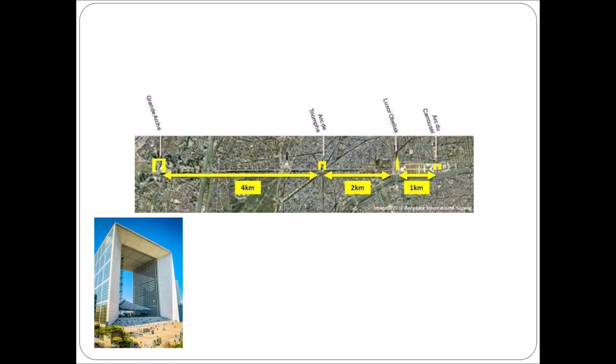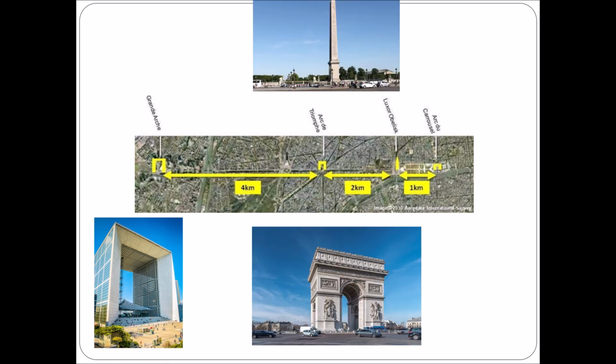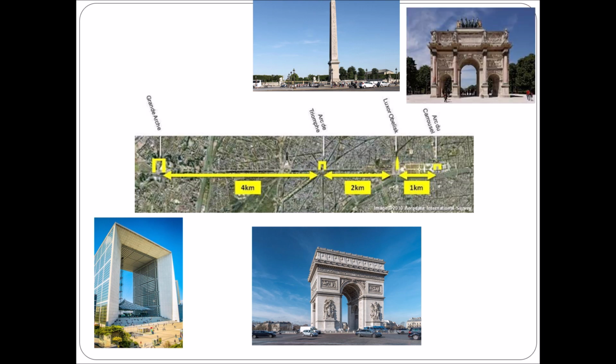That is Grande Arche, and then we have Arc de Triomphe, the Luxor Obelisk, and Arc de Carrousel. As architects, they form a connection along this rose line, which is also mentioned in the Da Vinci Code film.